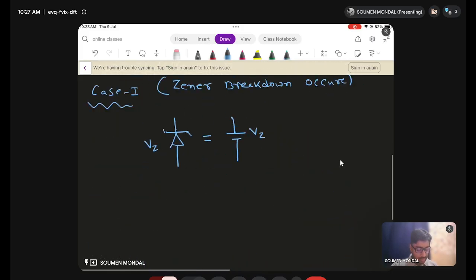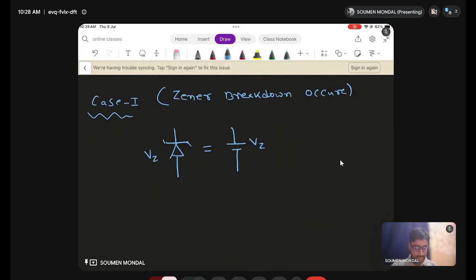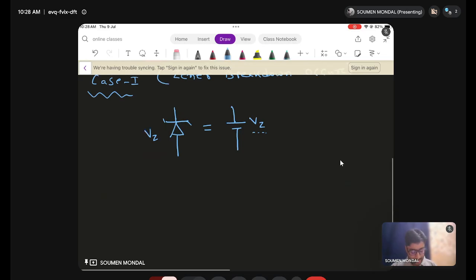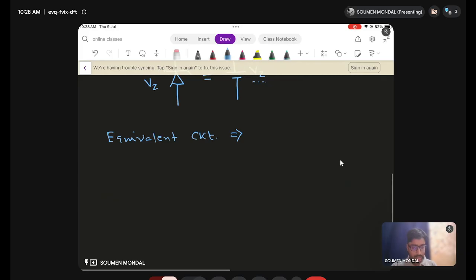So here also, when the breakdown occurs, the voltage across the Zener diode will be constant, which is basically the Zener breakdown voltage of that particular diode. So therefore the equivalent circuit becomes, we can neglect the other part. So now we have just a battery of voltage Vz.